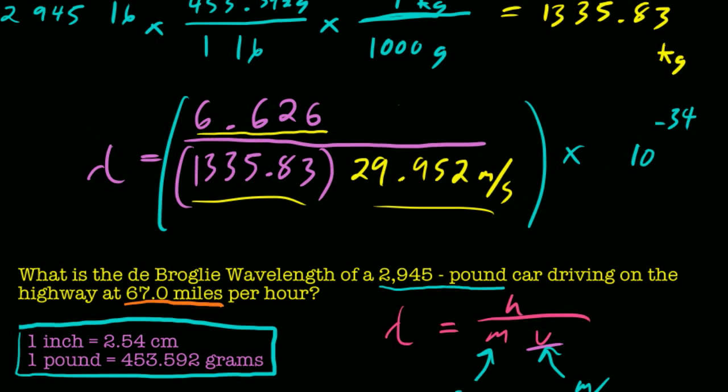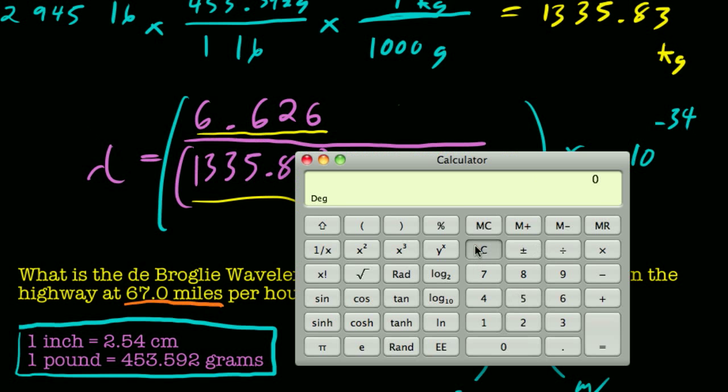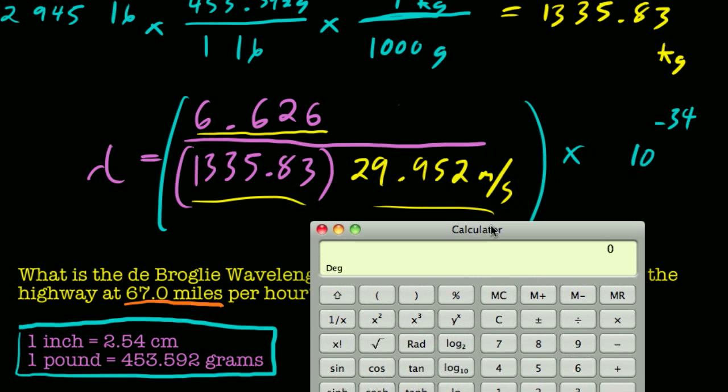So let me go ahead and get out the calculator again. So we've got 6.626 divided by 1335.83 divided again by 29.952. And now we're going to multiply this times 10 to the minus 34.